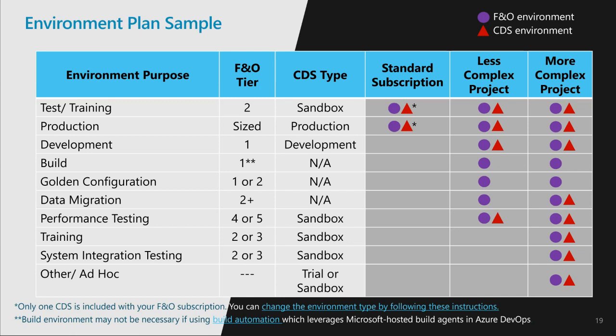In case only one CDS is included in your F&O subscription, then you can switch CDS types between sandbox and production. But if you need more CDS environments, then you need to consider purchasing them. As for development, you can use the development type of CDS because it's free.